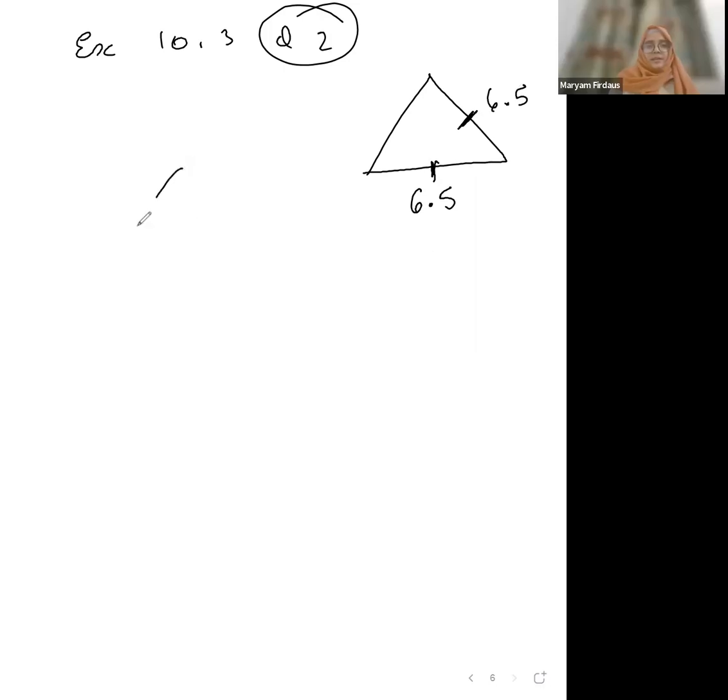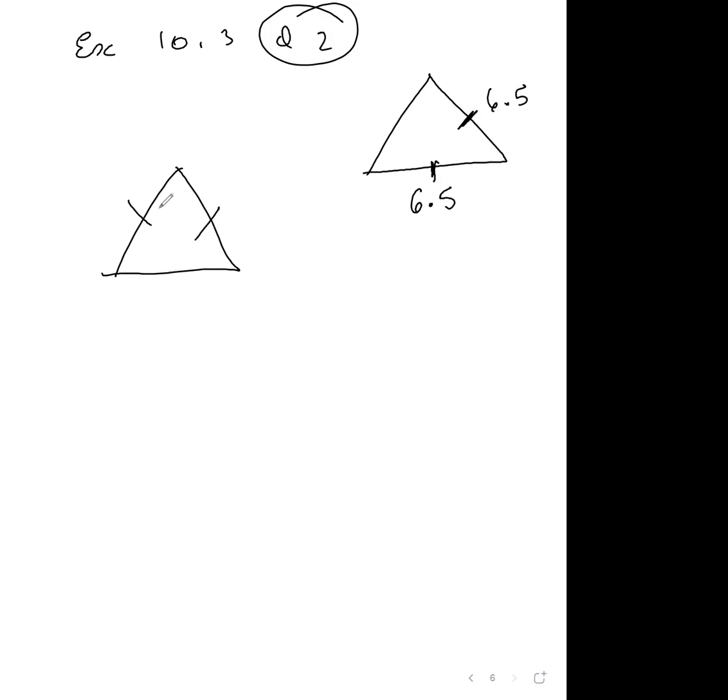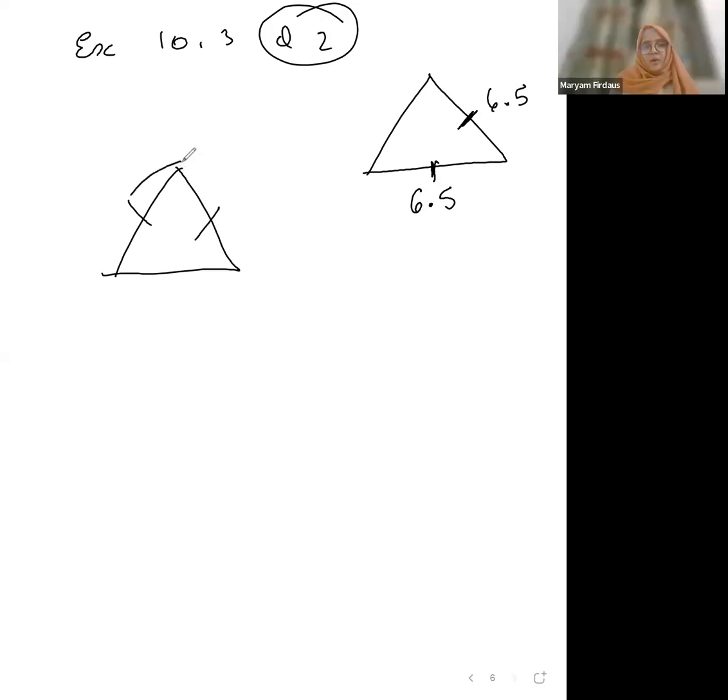You want to do it like this? But Hiba, आपका जो base है, you have to draw the base itself, right? You don't know this side. This is given to you as 6.5 and this is 6.5. But you don't know this one. ये तो आपको इसकी length तो आपको पता नहीं है.